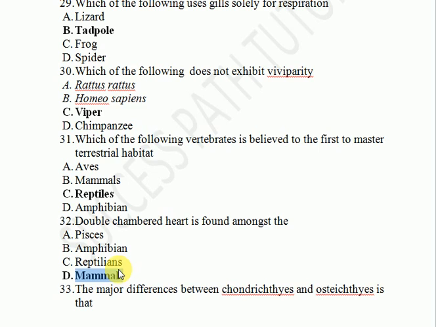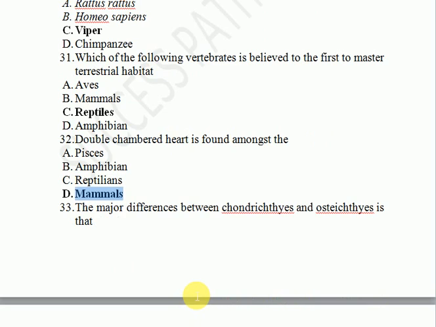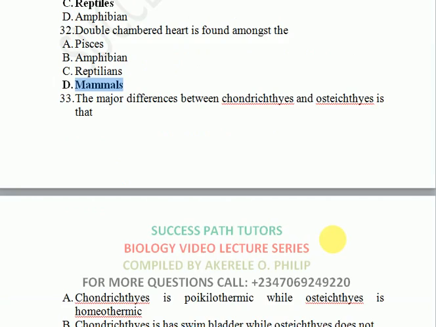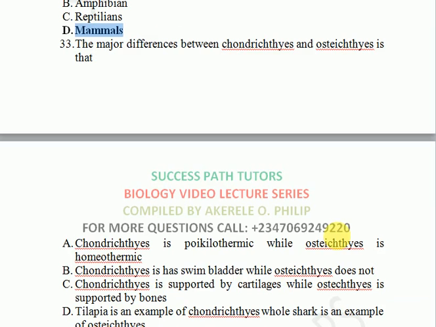Alright, moving on. The major difference between chondrichthyes and osteichthyes. Chondrichthyes are cartilaginous fishes, while osteichthyes are bony fishes. Alright, so what is the difference between them?